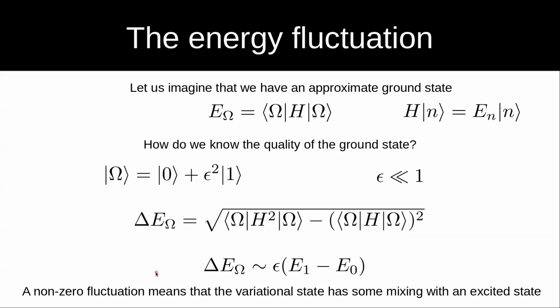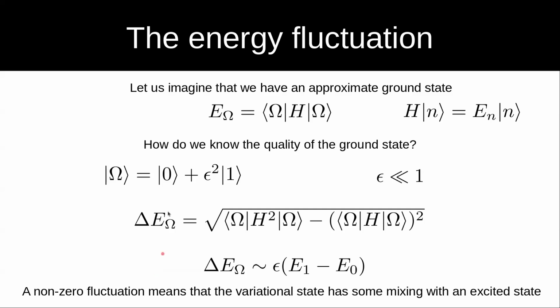We are, of course, using approximate states or approximate variational wave functions. So a very important question when we work with matrix product states is to determine how good our states are, or how good our eigenstates of the Hamiltonian are. A very useful approach for this is computing the energy fluctuation of the eigenstate.